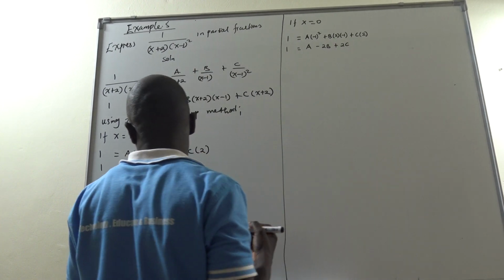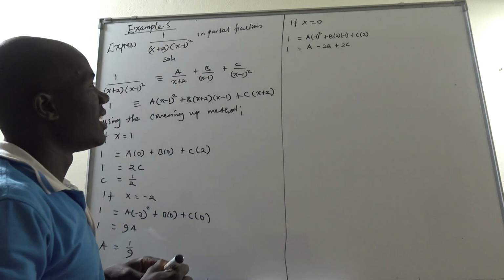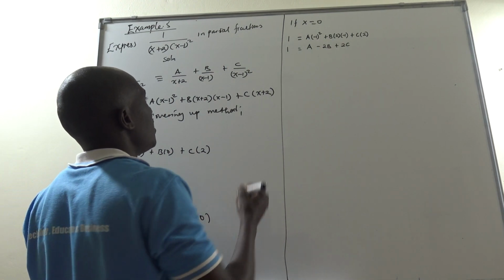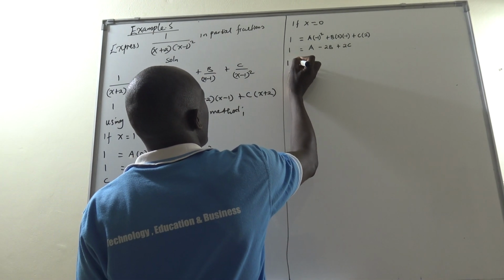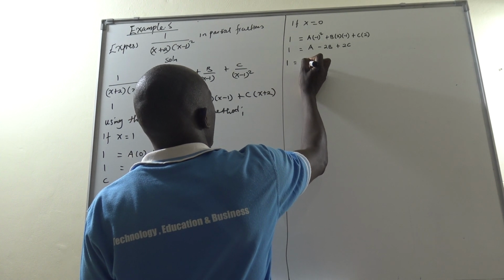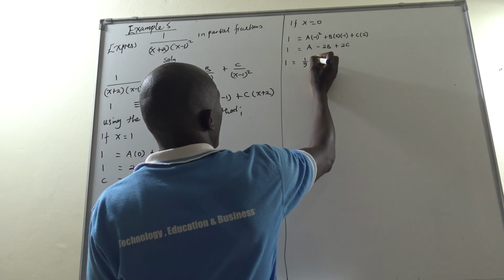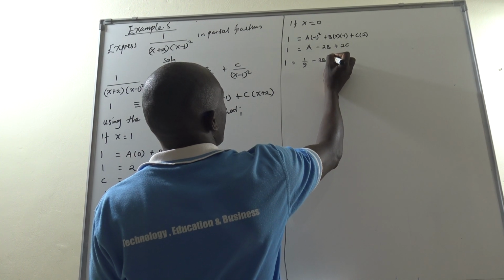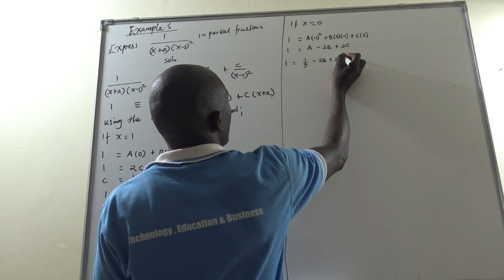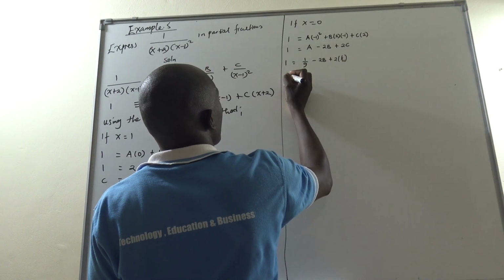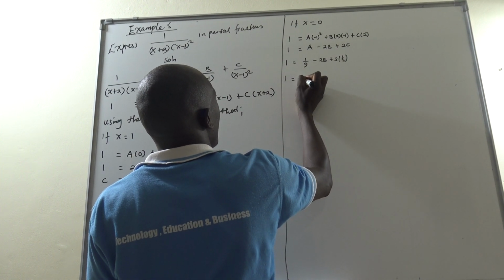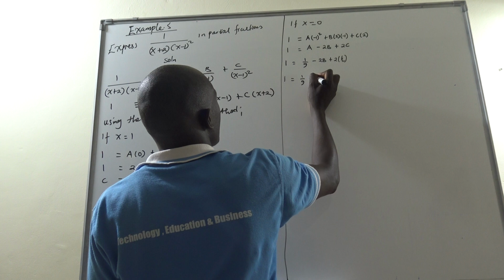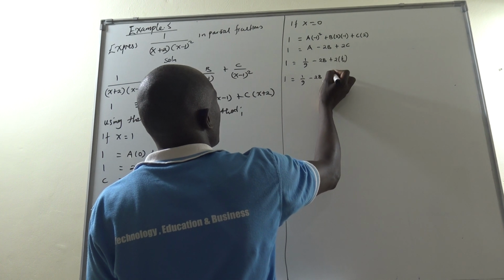Do we know our value of A and C? Then we are free to substitute them. We say 1 equals 1 over 9 minus 2B plus 2 into a half. So we are getting 1 equals 1 over 9 minus 2B plus 1.